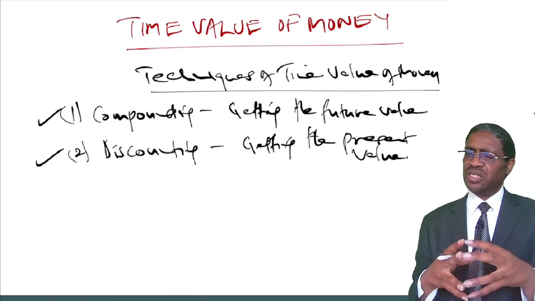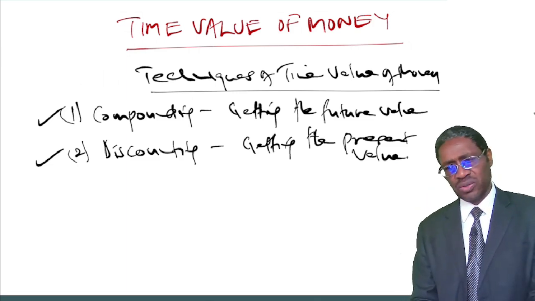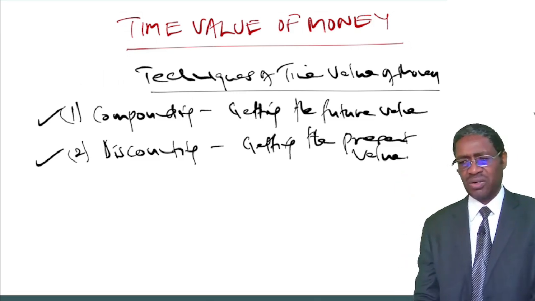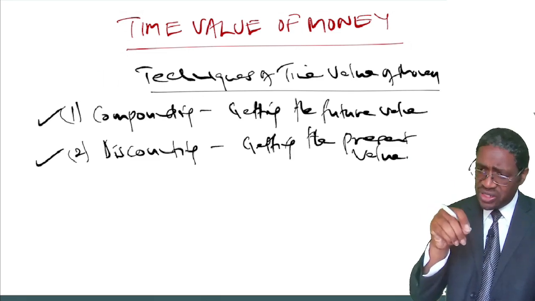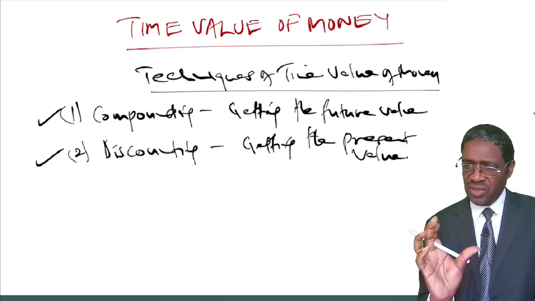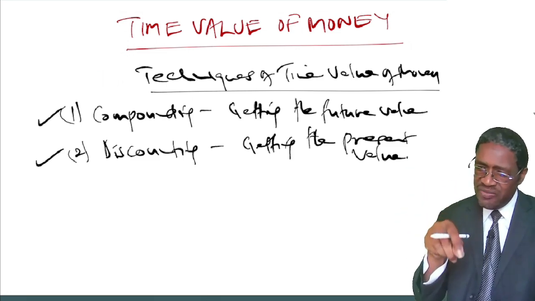Then we also said, what about if you as an investor want to know, if I want to get 1 million 10 years from now, how much should I invest now so that it earns a particular rate of interest and I'll get my 1 million 10 years from now? How much should I invest now?